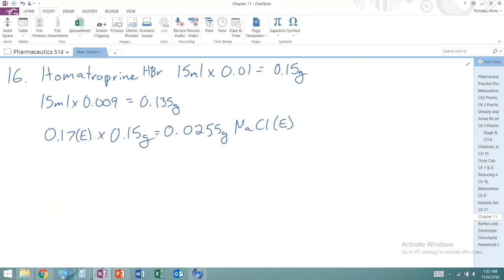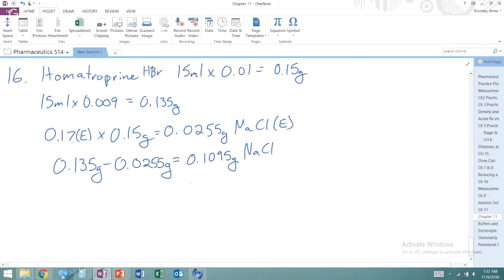And then we have to take that away because we have to figure out. All right, so that is the equivalence of sodium chloride that we need. And then we have to convert that to boric acid.